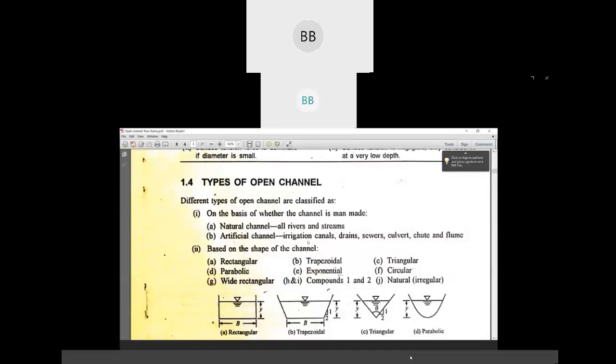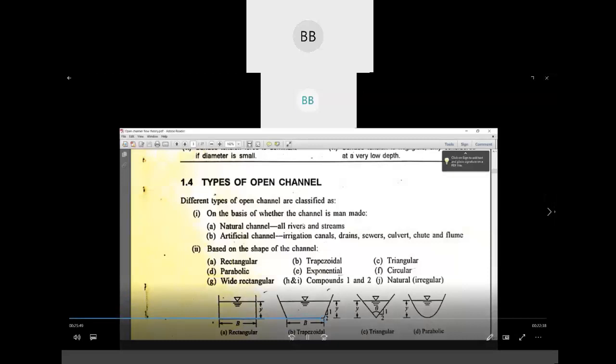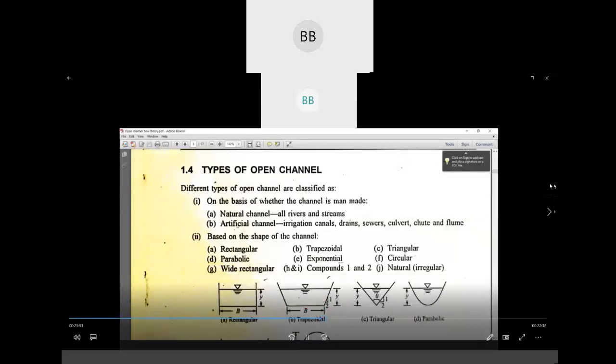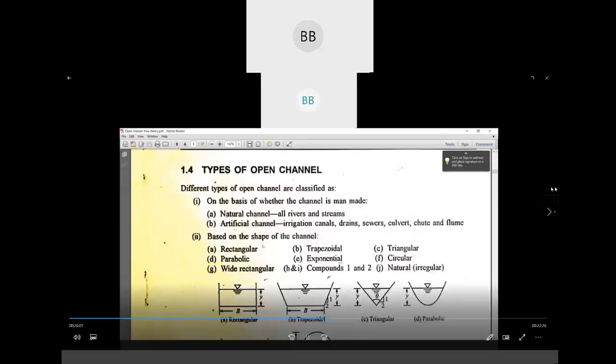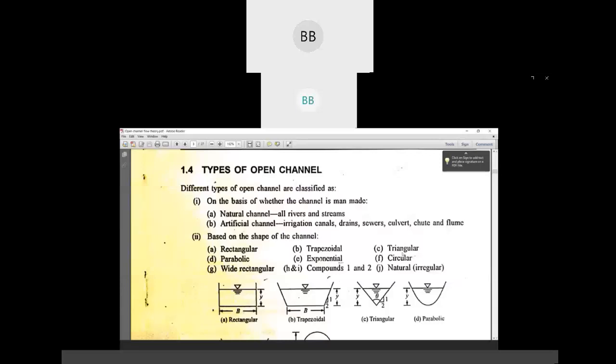Examples of artificial channel are canals, irrigation canals, drains, etc. Now if you consider a man-made channel, that irrigation canal may be rectangular, trapezoidal, triangular, or parabolic.